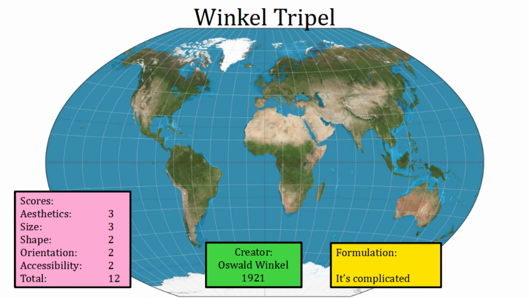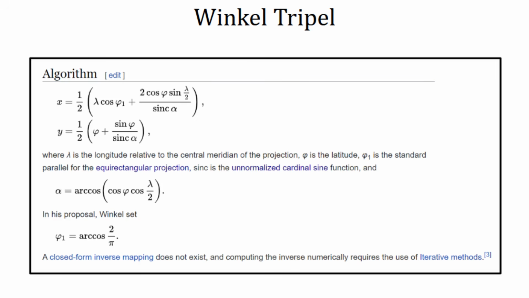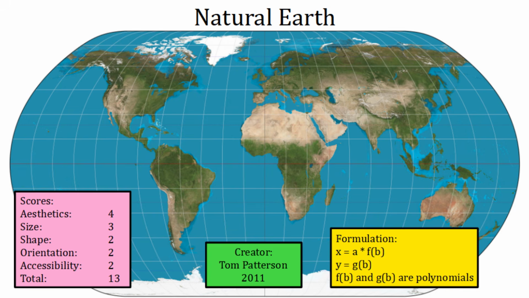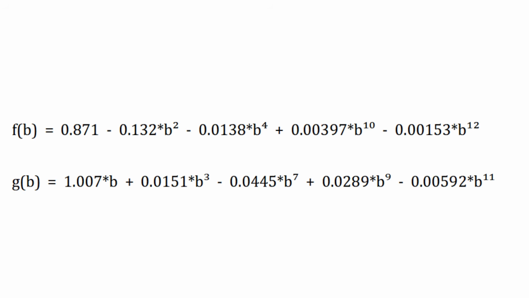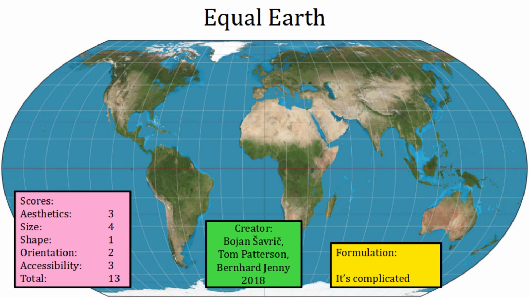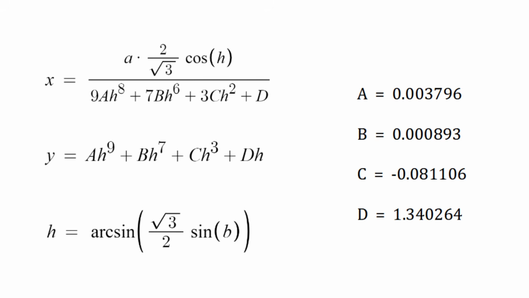The Winkel tripel goes for a well-balanced approach, and has a complicated formulation method. Natural Earth is another Robinson-like projection, but it's defined by polynomial functions. And then finally, Equal Earth is Robinson-like, but it has the equal area property. Its formulation looks complicated, but apparently it's really simple for computers.